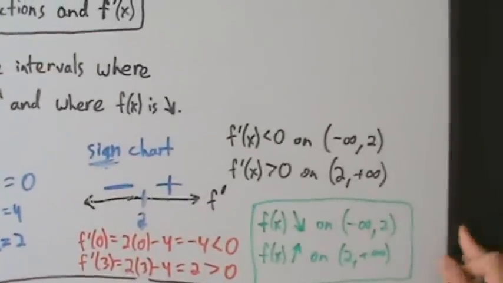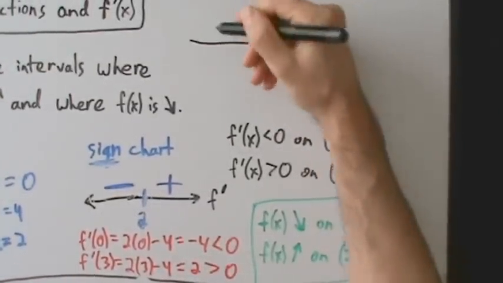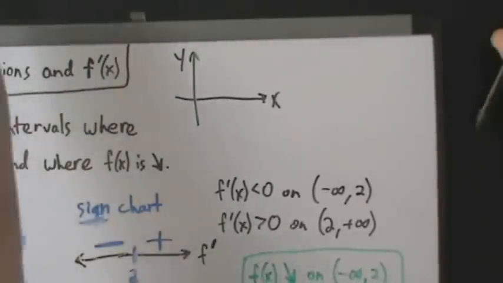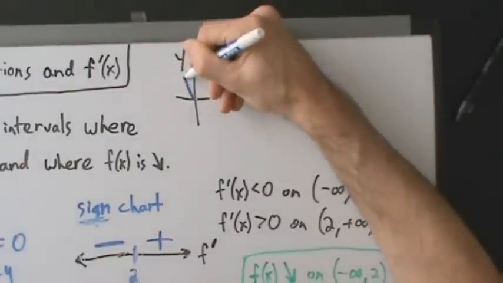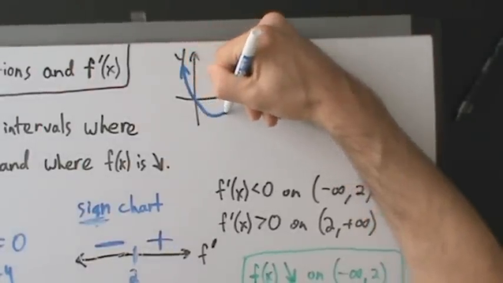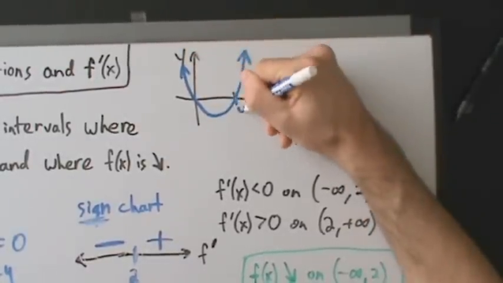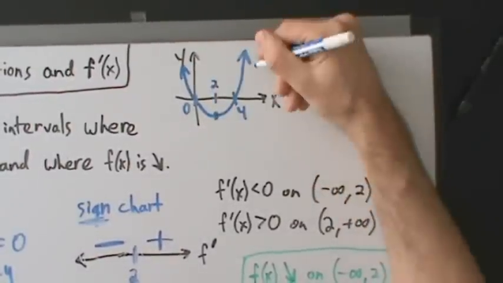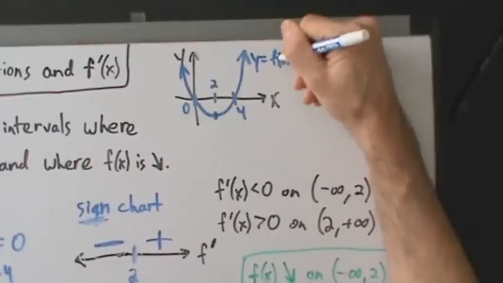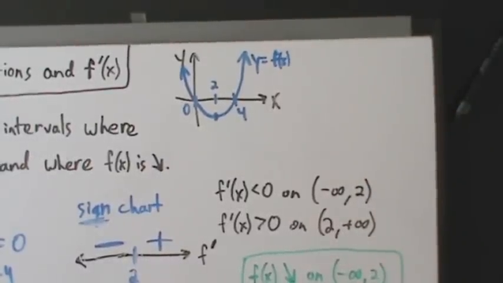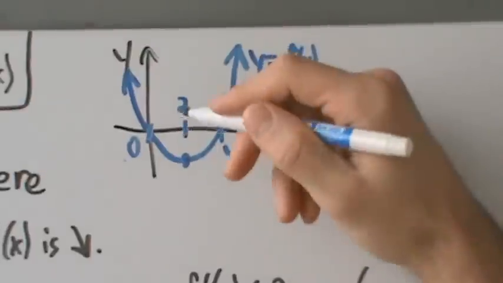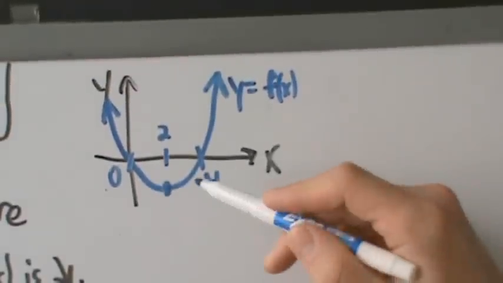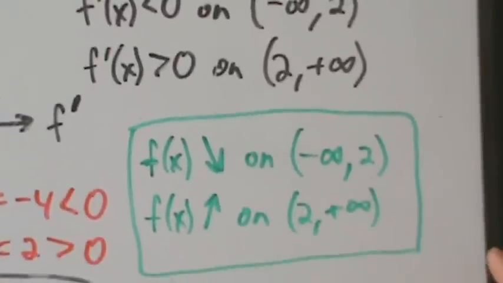So let's draw f of x here. x-axis, y-axis, it's just going to be a parabola. Pretty bad picture, but it's just a parabola. So here is 4, here's 0, and here's 2. Notice this is y equals f of x. It's decreasing on negative infinity to 2, just like we found. And f of x is increasing on 2 to infinity, just like we found here.